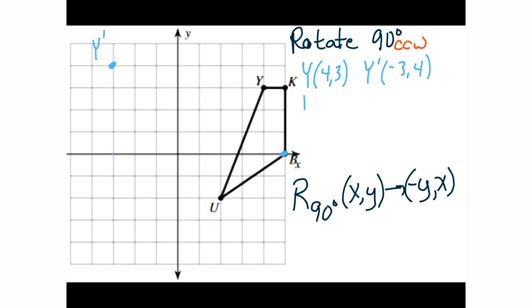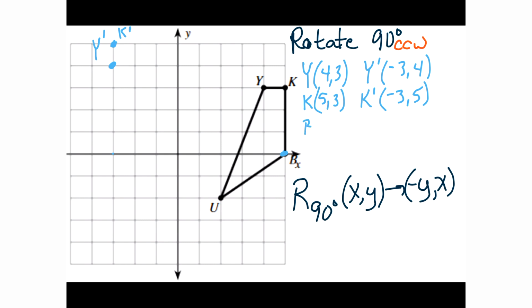Do the same thing with K. K is at the point 5, 3. So that means my K prime is going to be at negative 3, 5. So here's K prime. And if you remember right, that's about where I had eyeballed that 90-degree angle.